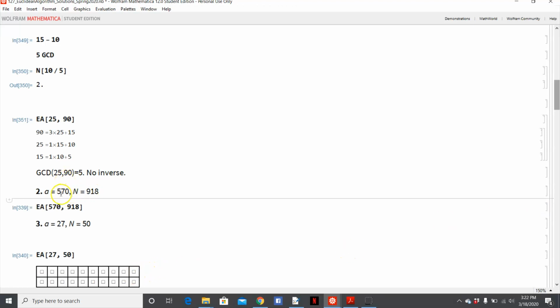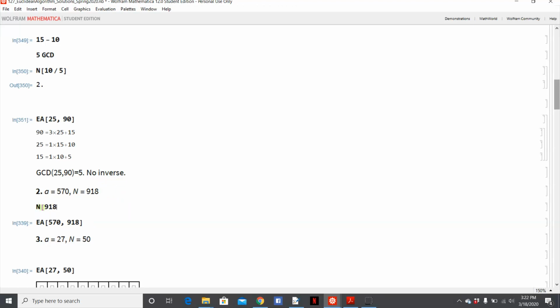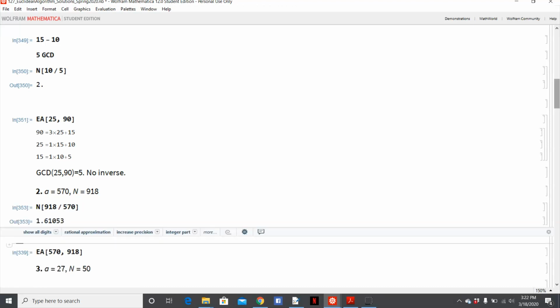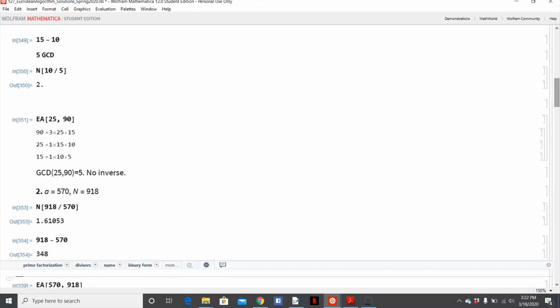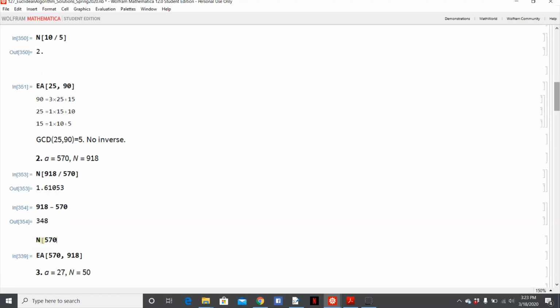So we're going to find the GCD of 570 and 918 using the Euclidean algorithm. So again, I'm going to divide 918 by 570. Okay, so it goes in 1.6 times. So I need to know my remainder. And my remainder is 348. All right, as with everything with the Euclidean algorithm, it's just lather, rinse, and repeat. I am going to now take 570, divide it by 348.